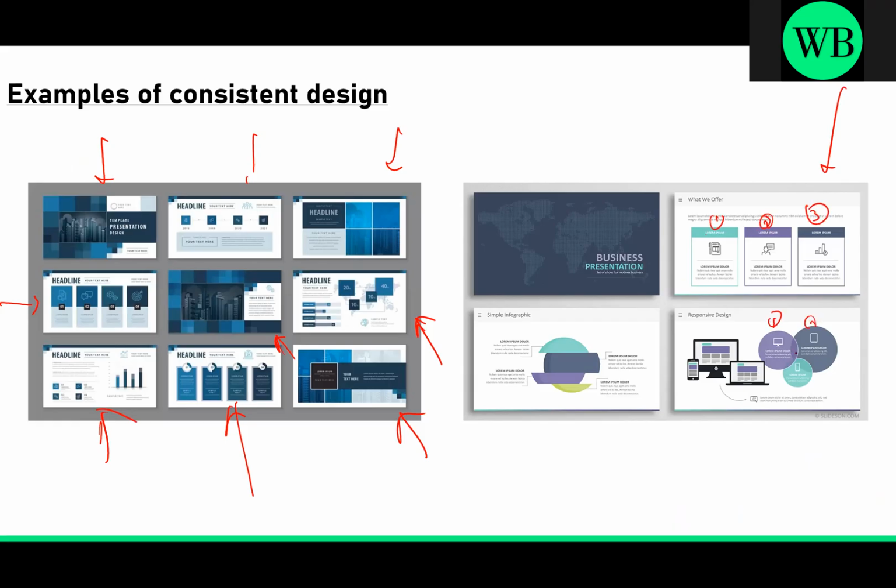They've used these one, two, three, and they have another color here, but these same three colors are coming everywhere. So there's a certain uniformity or consistency in what's happening, and they'll use the same font everywhere, the same kind of design elements everywhere, right? So they're doing that through and through. Okay, so this is an example of that.